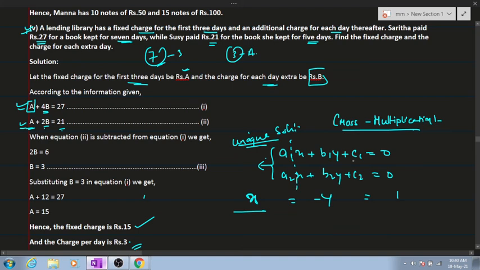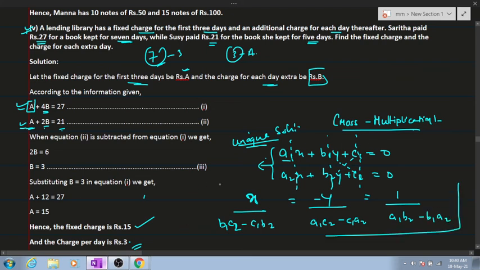You take this into this minus this into this: b1 into c2 minus c1 into b2. For y, that column goes off: a1 c2 minus c1 a2. For 1, the constant column goes off: a1 b2 minus b1 a2. This is how you solve it by cross multiplication. Then you compare this and this to find the value of x, and compare this and this to find the value of y.